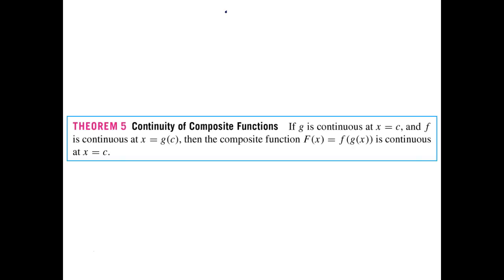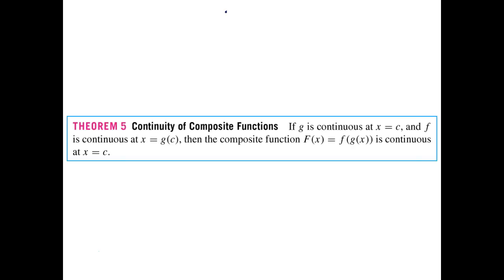Because we're going to be taking the composite of that. So x is the independent variable for your g function, but the output of the g function is your input for the f function. That's what composite functions do.